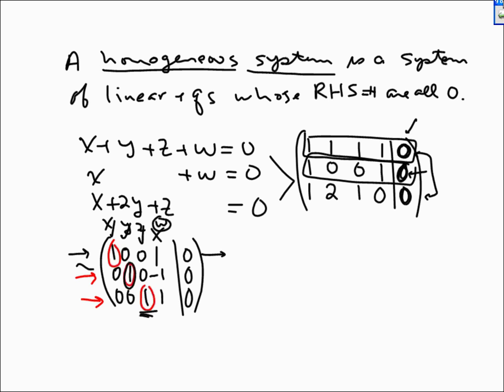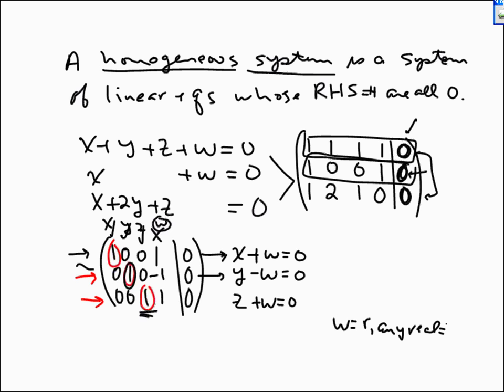The first line says that x plus w is 0. The second line says y minus w is 0. The third line says z plus w is 0. Well, if we say that w is r, any real number, well, this says x is, bring this over, negative w.